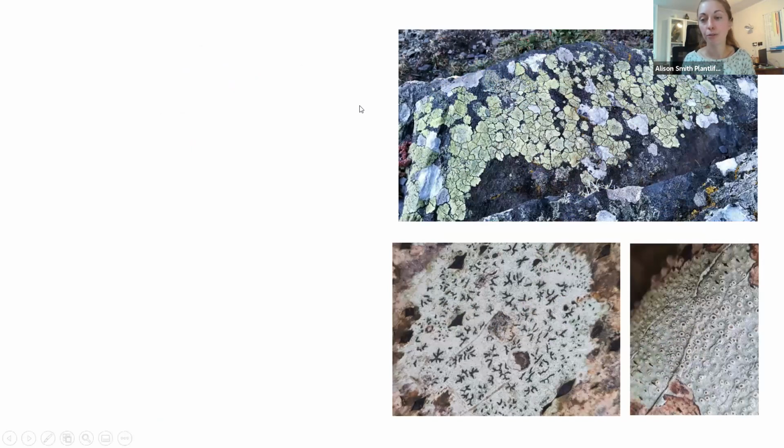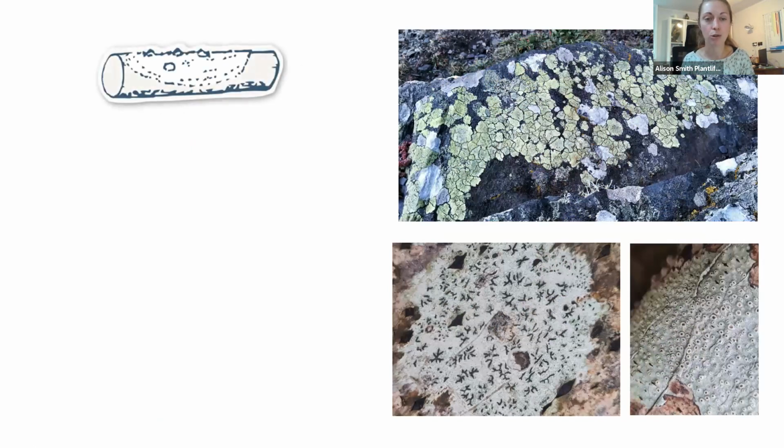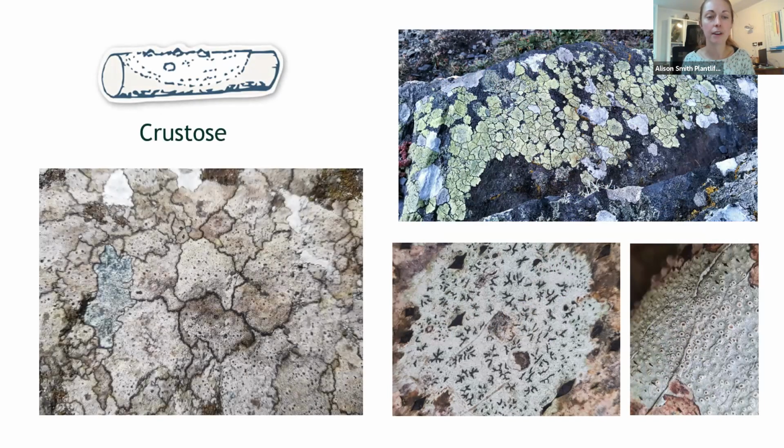The final growth form of lichens that I mentioned are the crusty or crustose lichens. And these again are hugely diverse. I just wanted to point out a couple of interesting features. So on this bottom left image and the top right image, we can see just a mosaic of crust lichens, and they grow like this often on smooth barked trunks of trees like hazel and on rocks and boulders in the temperate rainforest.